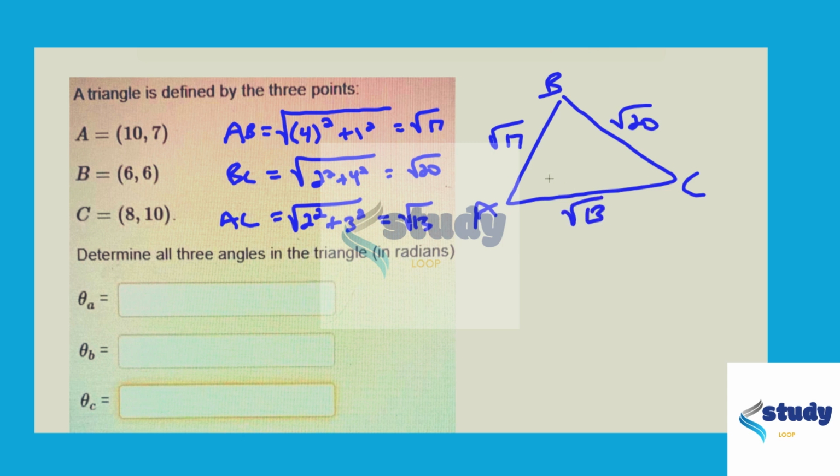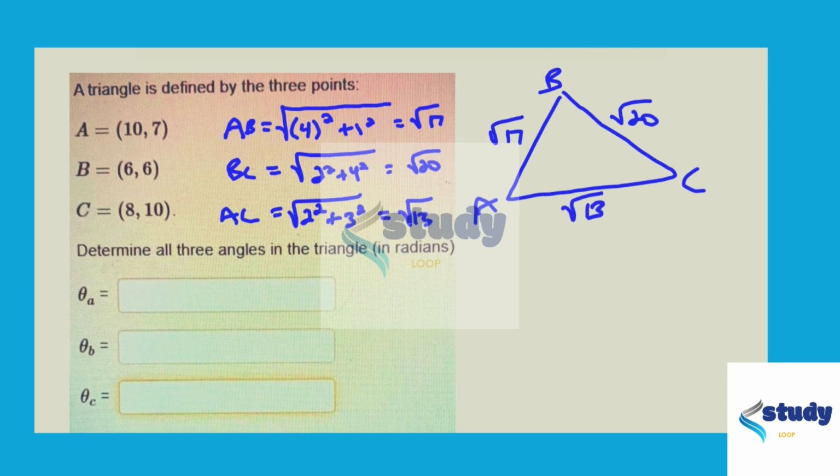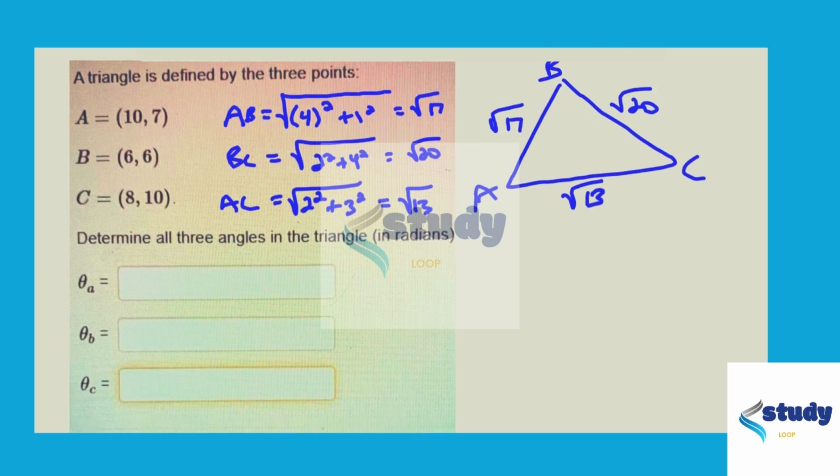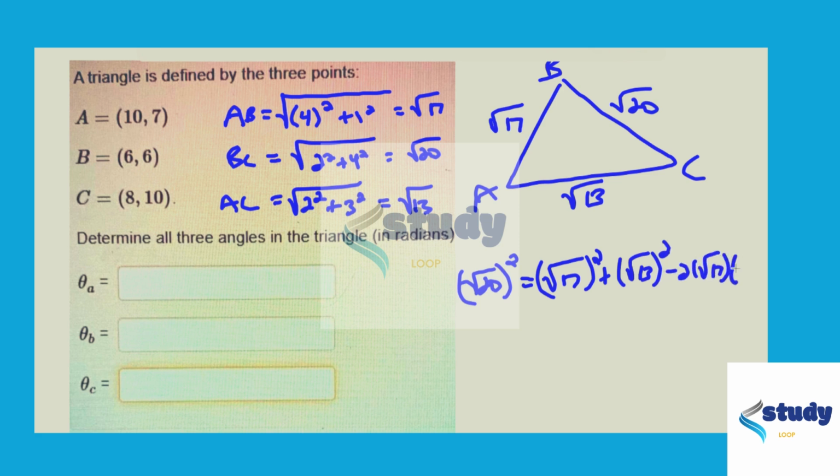Now, we can find the angles by the law of cosines to start. So let's say we want to find angle A. We would say that side a squared is equal to the sum of the other two sides squared minus 2 times the square root of 17 times the square root of 13.